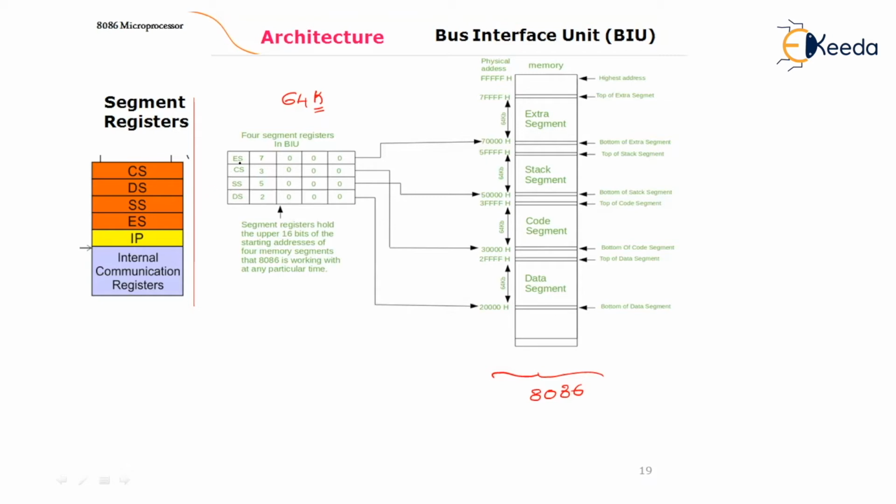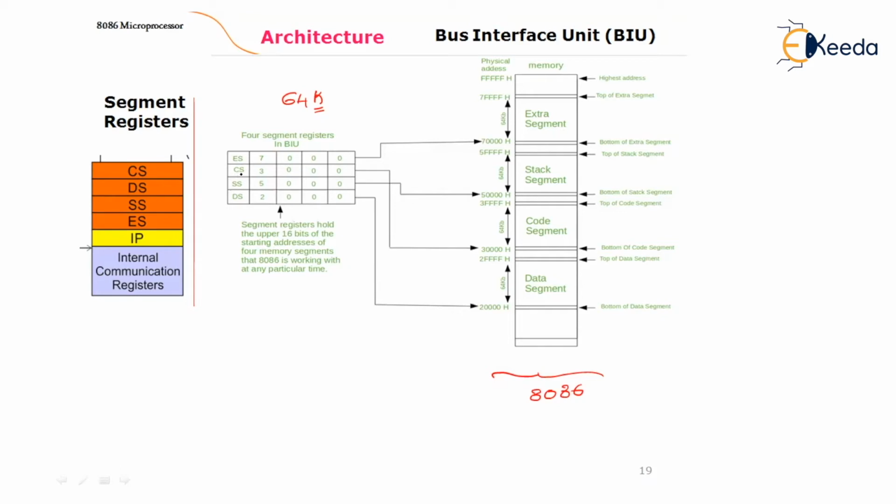These registers, ES, CS, SS, and DS, are going to hold the starting address or the base address of that specific segment. For example, ES is going to hold the starting address of the extra segment. The extra segment's base address is 7000. So the ES is going to hold 7000.